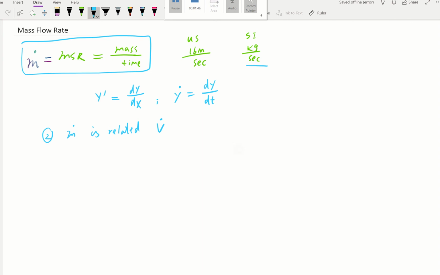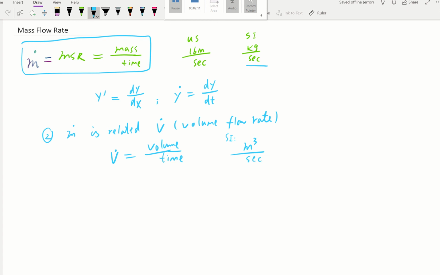Let's do a quick recap on volume flow rate. Volume flow rate is volume over time, and therefore the SI unit is meter cubed per second.